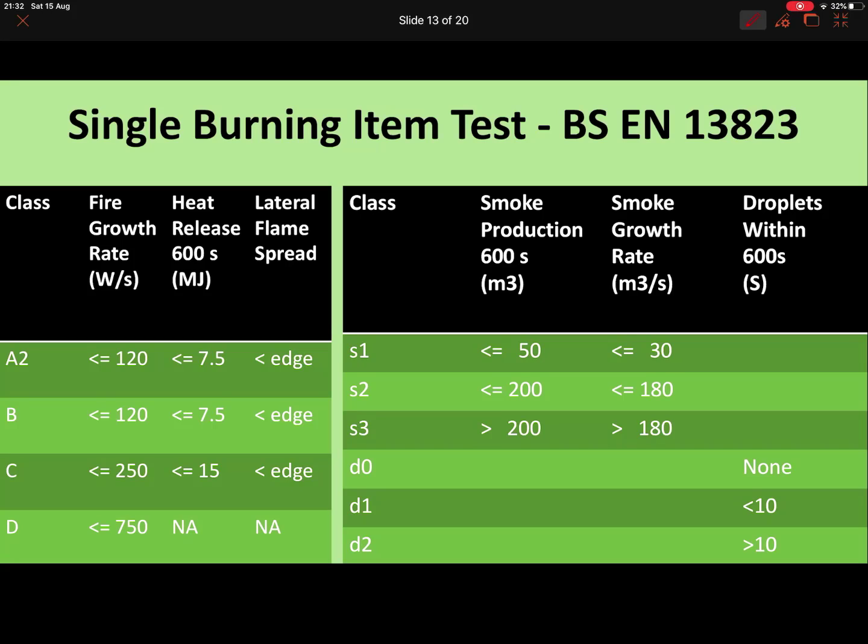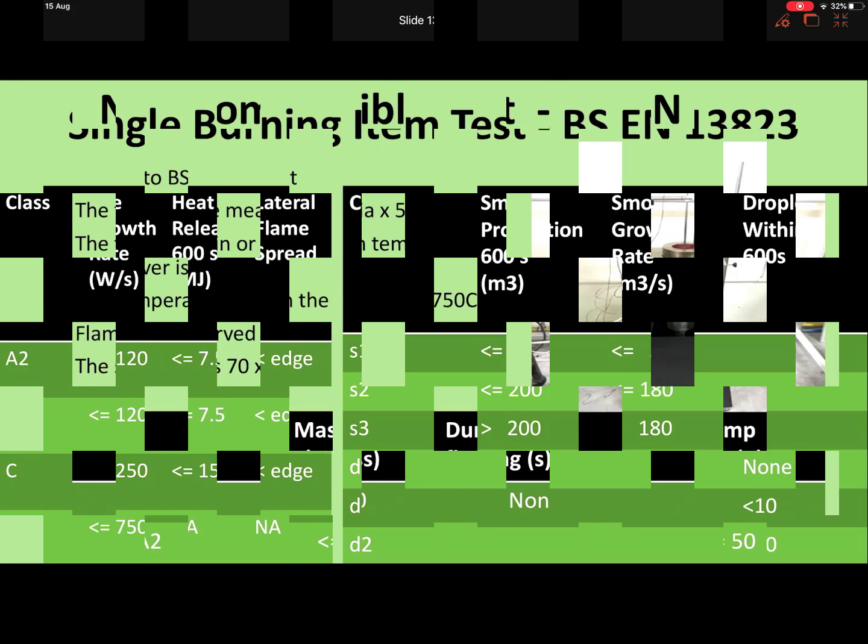Smoke growth rate can't exceed 30 cubic meters a second for S1, and can't exceed 180 for S2, and of course anything more than 180 for S3. And the droplets, D0 means none, D1 means less than 10 seconds, and D2 means more than 10 seconds.